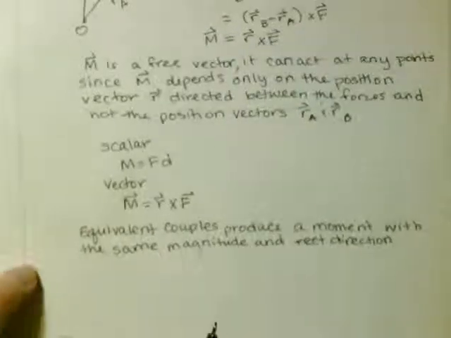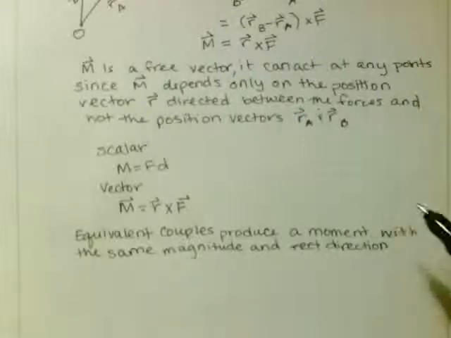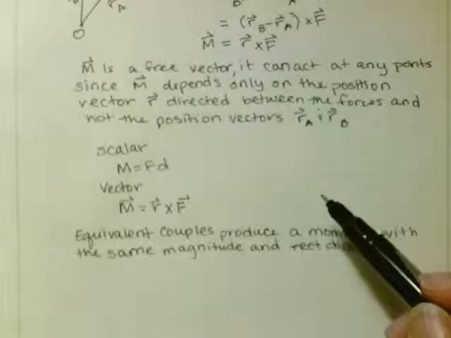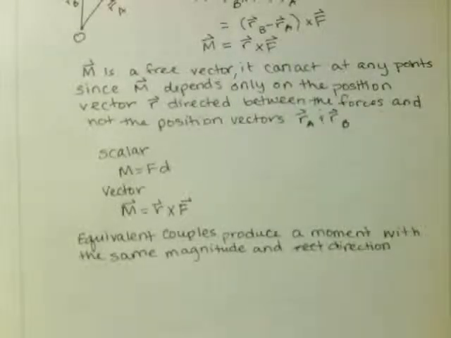So that's like saying if you had a force of 30 and a distance of 4 meters, you would have a moment of 120. But let's say you had a force of 40 and a distance of 3 meters, you would still get 120. So it's an equivalent couple.